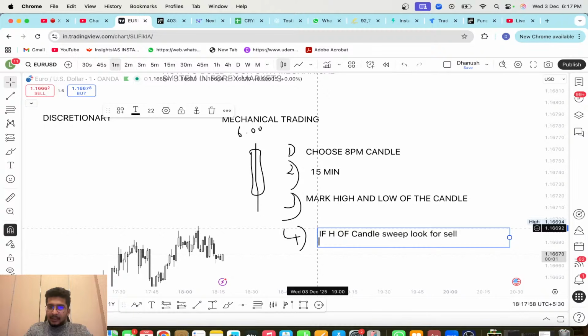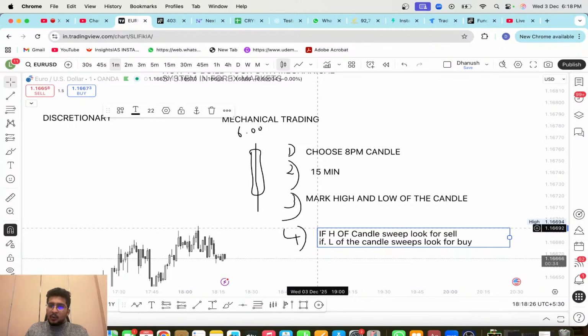Next, if the low of the candle sweeps, look for a buy. So here what we have done, instead of looking into a simple pattern, we have made a framework.